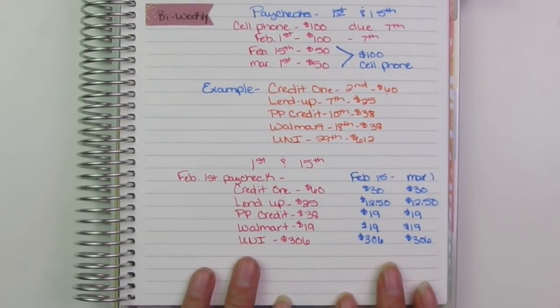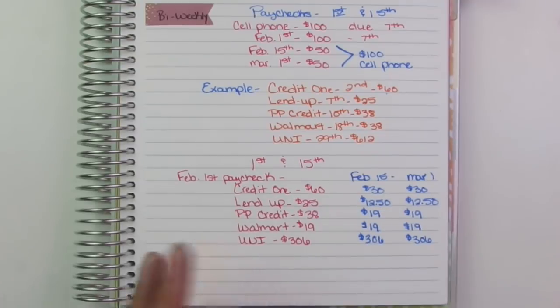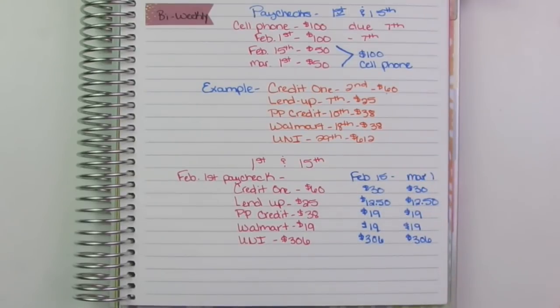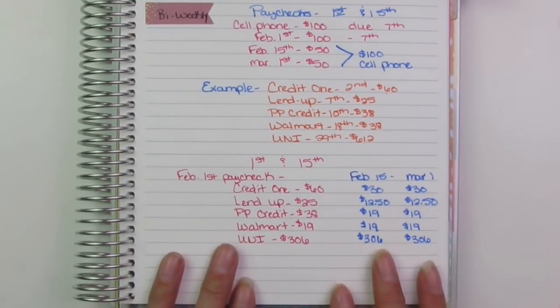If I just procrastinated and was not budgeting and was not prepared, and then it's like, oh crap, my car payment is due this week and I don't have anything set aside for it, so I now have to take $612 out of my $660 paycheck to be able to cover that, and then I'm left with nothing else. So that is why doing it this way is such a good method.